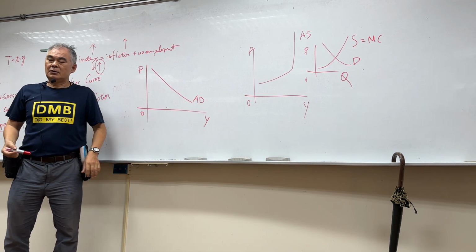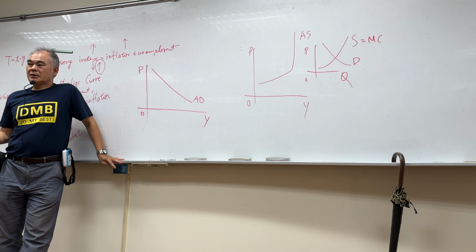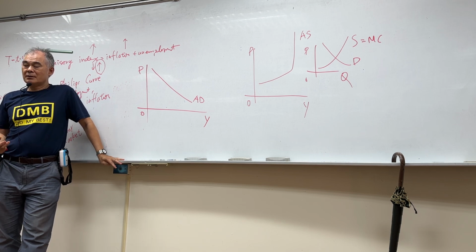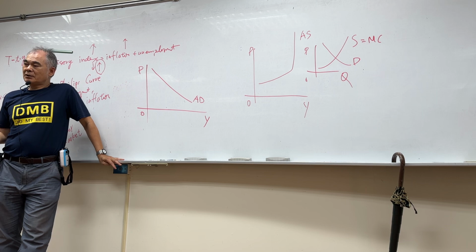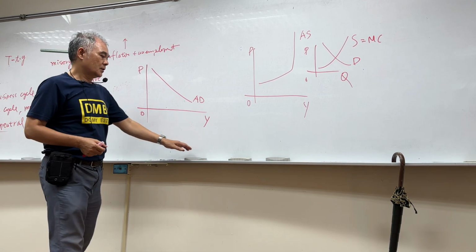Why? Actually, you have to derive it. When we get to the textbook, I will show you how the textbook uses the ISLM model to derive it, and then next year we're going to discuss it again. But here, I'm going to use the Keynesian model to derive the aggregate demand curve.